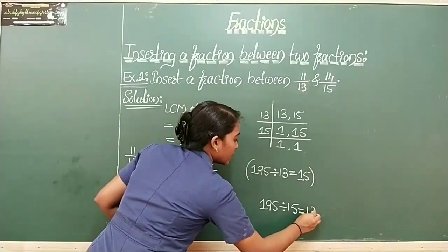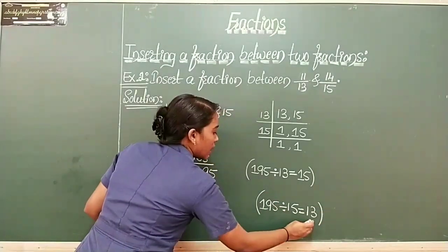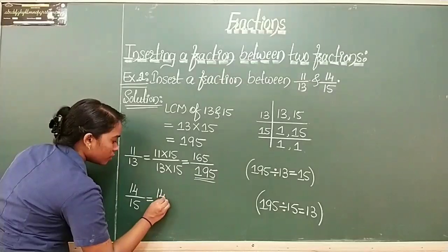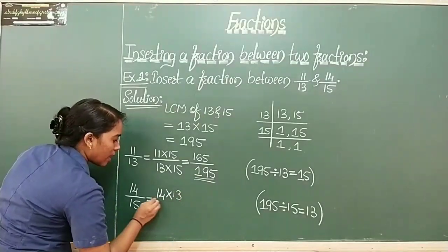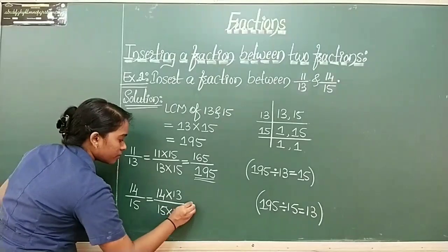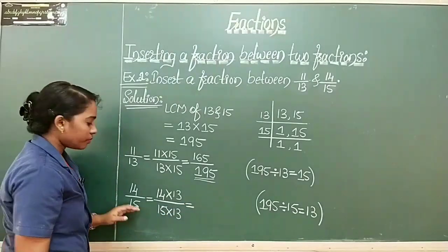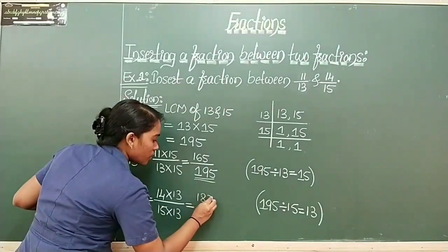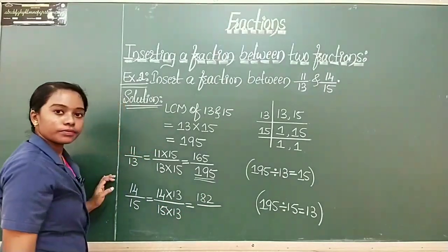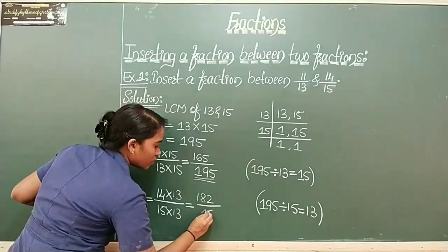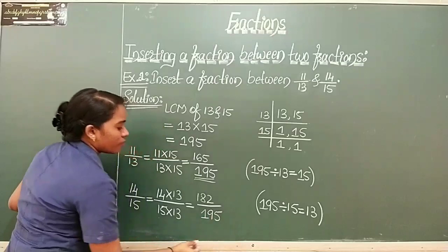Here we get 13, and this 13 you have to multiply to the numerator as well as the denominator, which is equal to 14 into 13, which is 182, upon 15 into 13, which is 195.